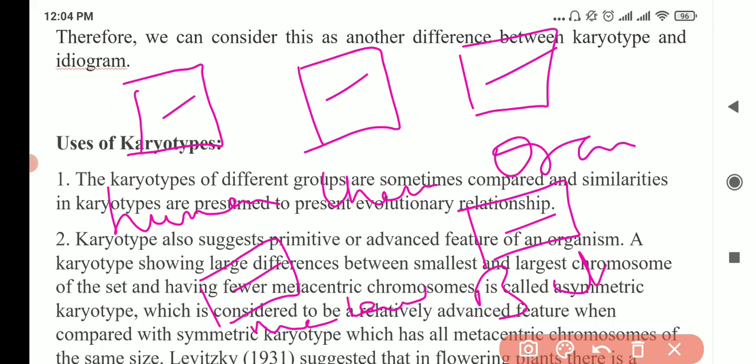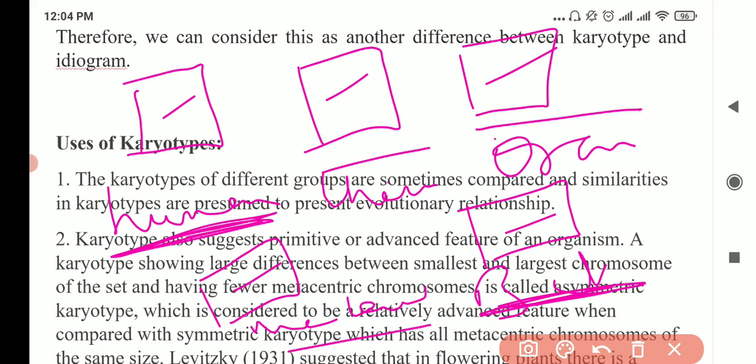Suppose, just as an example, this is not scientifically backed. I have not read a paper or anything. I'm just saying, just suppose the karyotype of a human is very similar to a baboon. Just guesswork. And it is a little bit more similar to the orangutan, very less similar to the chimpanzee, and the least similar to the macaque.